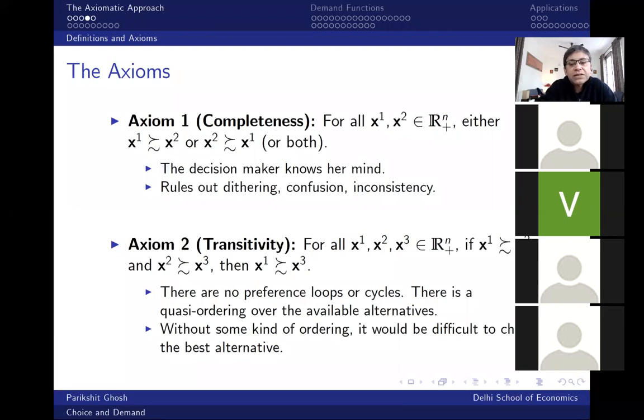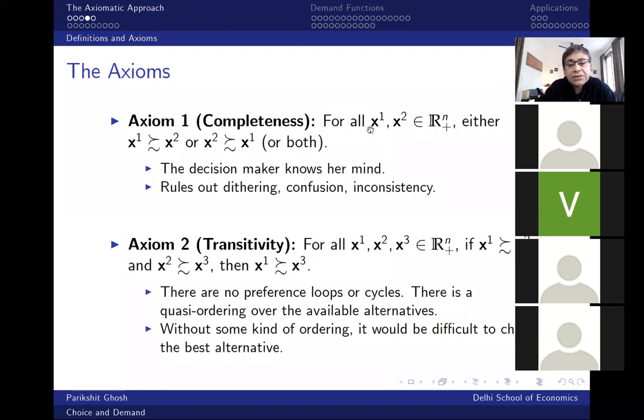Okay, what is it saying? It's saying that for any pair of consumption bundles, the logical quantifiers are very important. When we say for all, that means one thing. When we say there exists at least one, that's a different thing. So pay attention to the logical quantifiers.